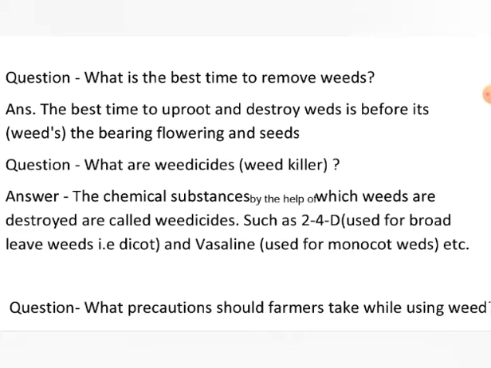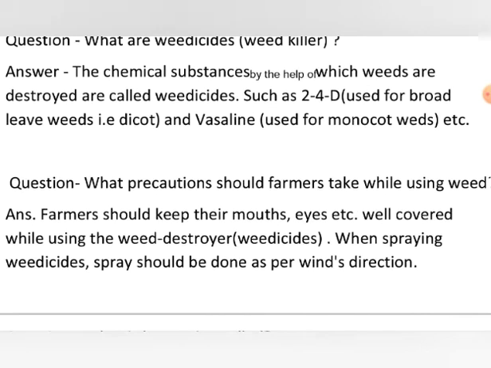The chemical substances by the help of which weeds are destroyed are called weedicides, and examples of these weedicides are 2,4-D and Vaseline. When removing the weed manually is not possible, in that case some chemicals are used to destroy them.